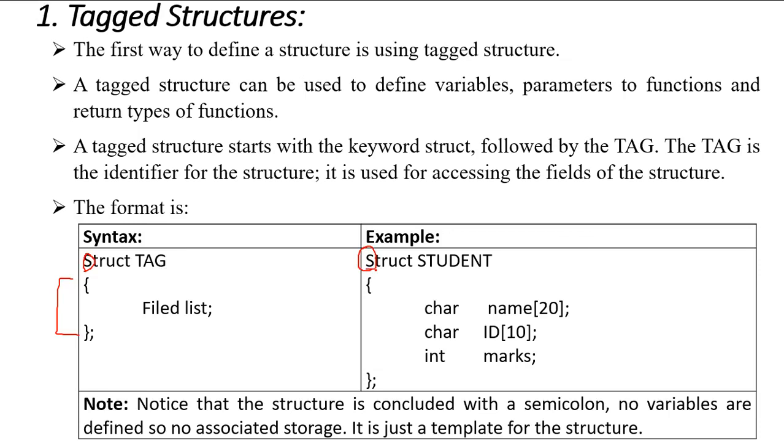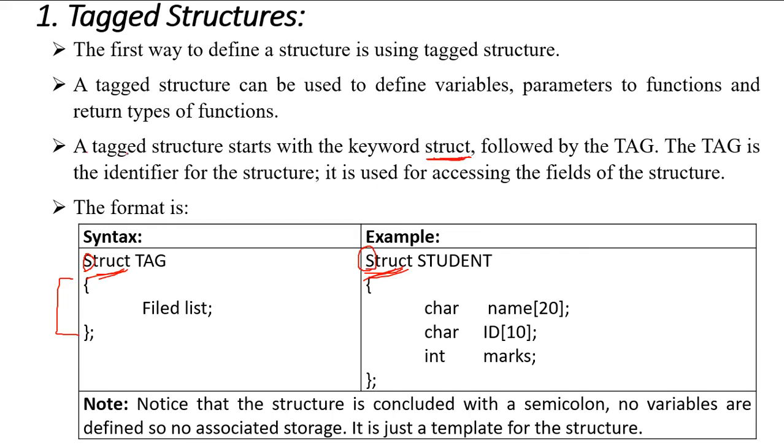Whenever you write a word, it will automatically capitalize the first letter of the word. So because of that, you got the capital letter over here. Simply remember that struct is a keyword, and you know all keywords have only small letters; no capital letters are allowed in your keywords.